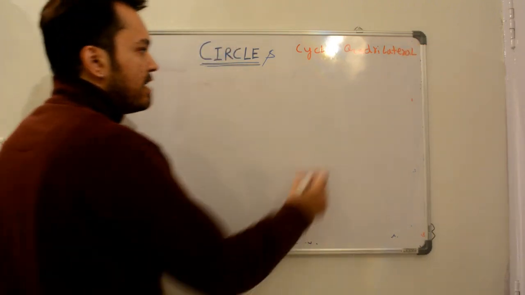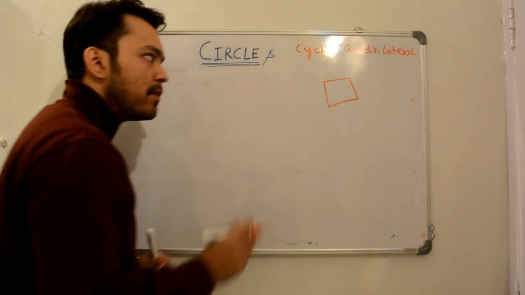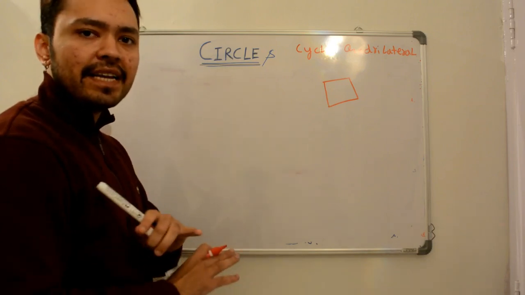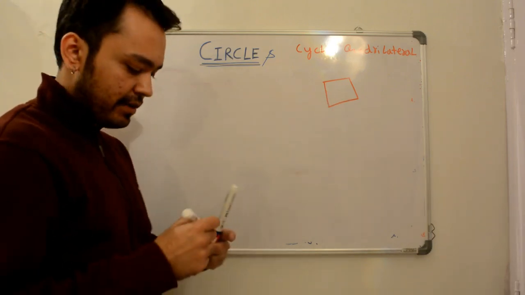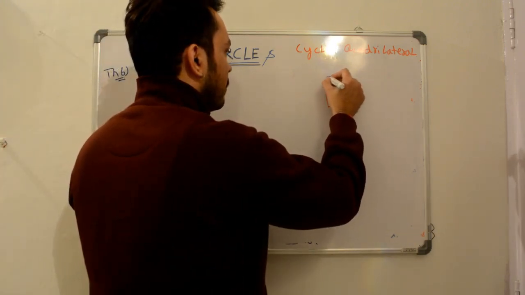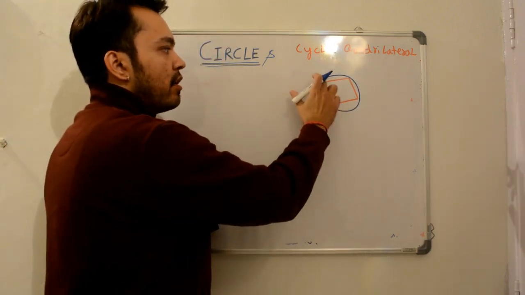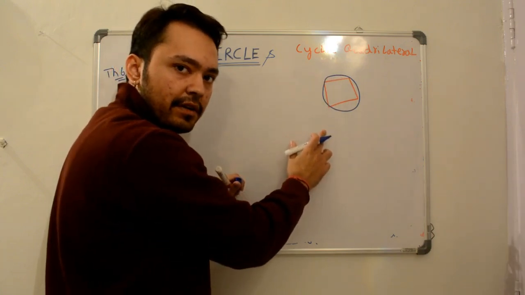Right? So if I simply draw any quadrilateral, right, I am not concerned whether it is a trapezium, rhombus, square, rectangle. It can be anything as long as it is a four-sided figure, right? And I draw a circle, right, which touches or encompasses all the points, all the vertices of that quadrilateral.